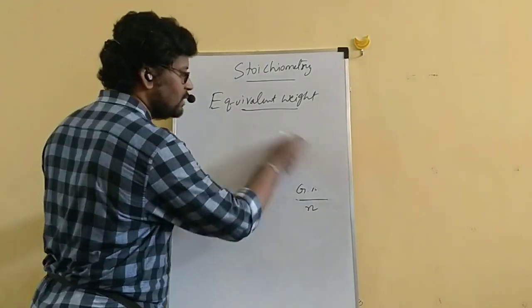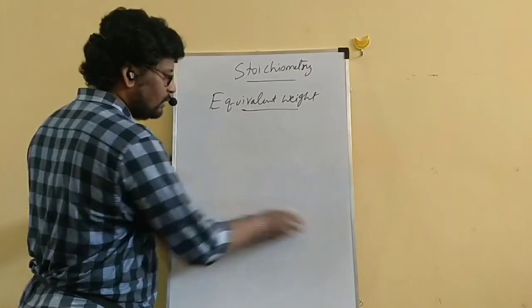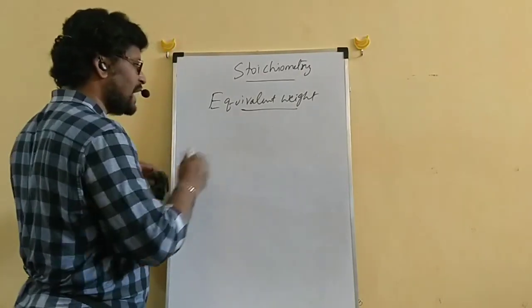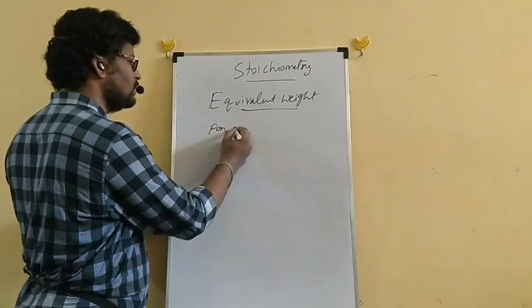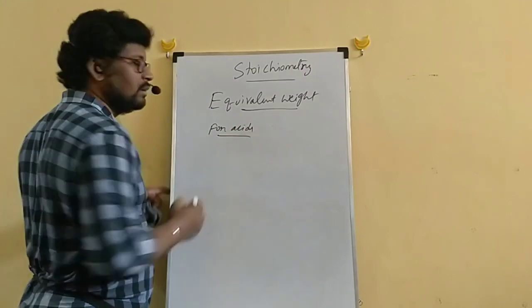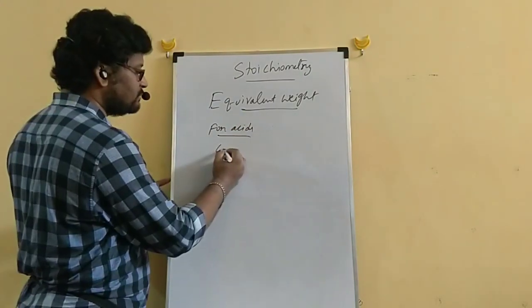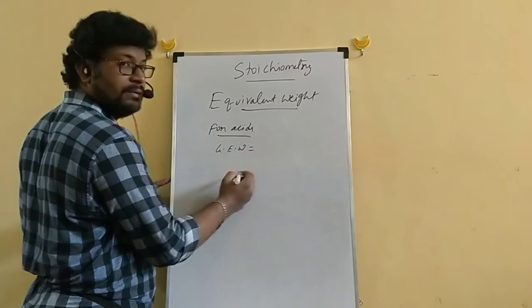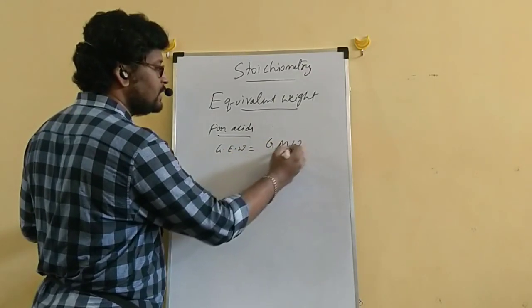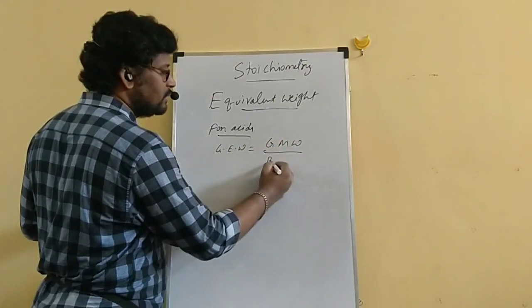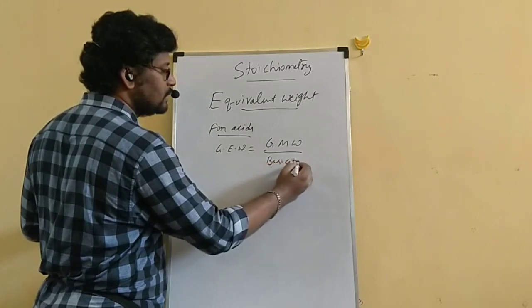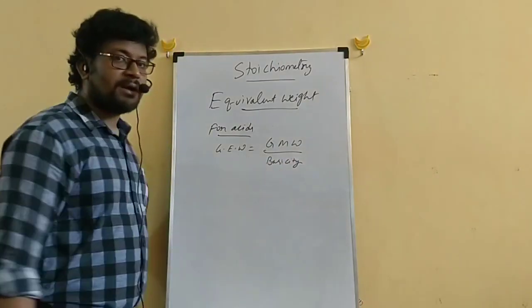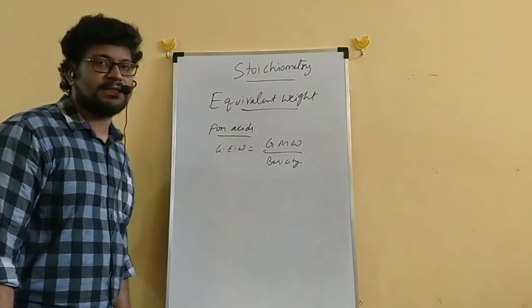Those are for acids. For acids, gram equivalent weight is equal to gram molecular weight divided by basicity. Basicity means number of replaceable hydrogens present in that acid.